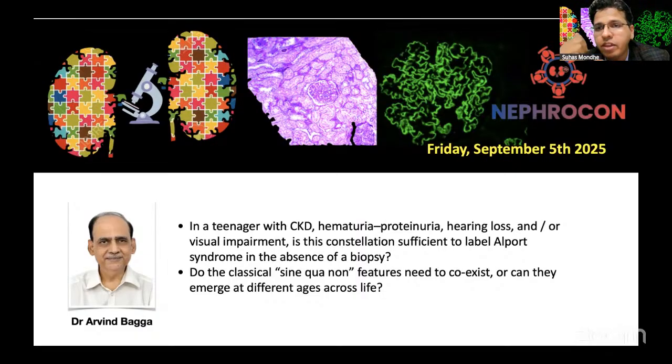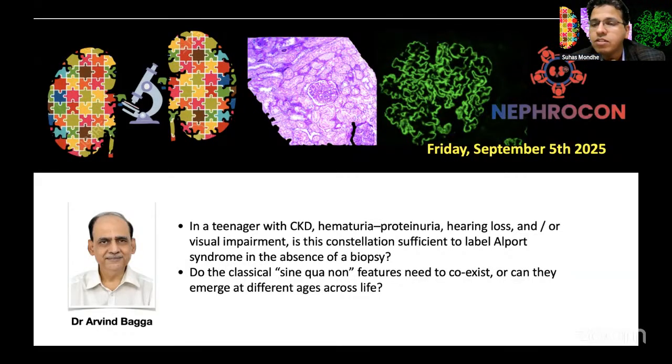unfortunately we couldn't do EM at that time, but when we evaluated his brothers as prospective donors, all of them had abnormal creatinine, around 1.7 to 1.8. At that time we had a suspicion.